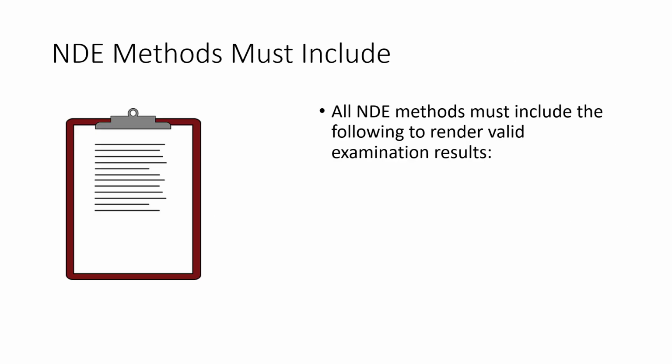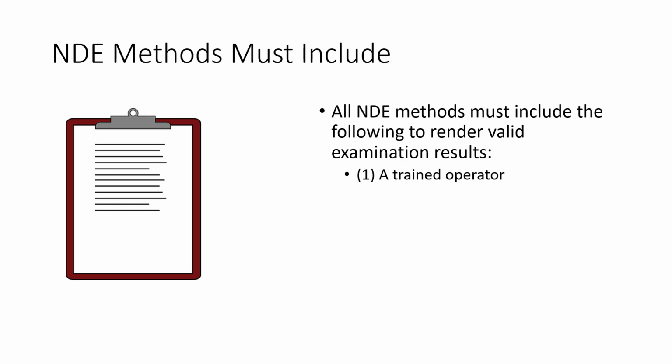So when we do an NDE method, they must include the following to render the examination results valid. We've got to have a trained operator. You just don't want to turn somebody loose. You hired a new guy last week, he was flipping burgers at Burger King, fine restaurant chain, and now you're making him the guy that's making the decisions on whether welds are acceptable or not acceptable, and he has zero training outside his career as a burger flipper.